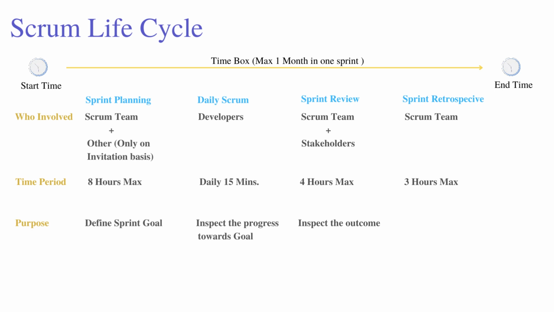Inspect the outcome. As I mentioned in my last video, the sprint review is one of the most important ceremonies in Scrum where the team gathers to review completed work and determine whether additional changes are needed.